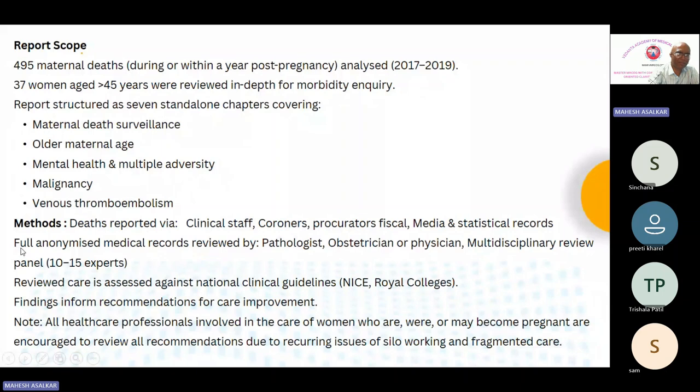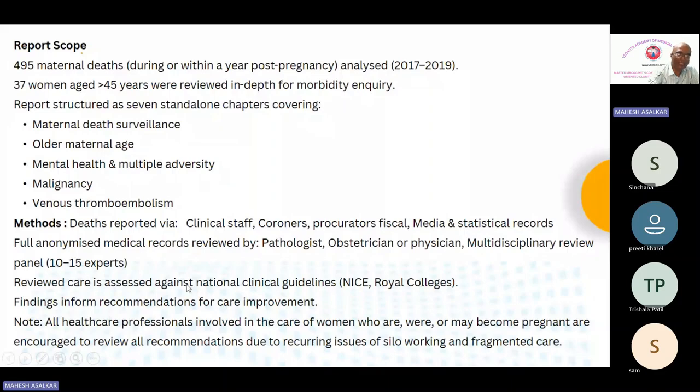Okay, so different methods they have identified. So basically a multidisciplinary review panel is done. Almost 10 to 12, 15 experts will be there. They have gone through the medical records of the patients to form these particular findings. Okay, so they have not only gone through the reports, not only the multidisciplinary review has been done, but they reviewed the care.